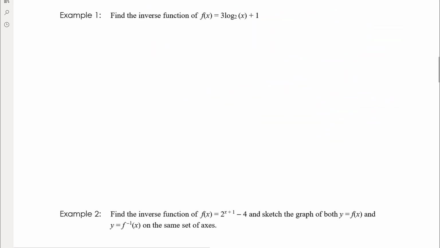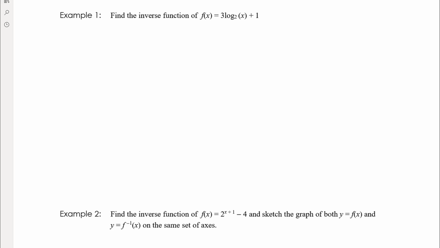Oh, before we draw some graphs, let's also have a think about the fact that they're inverse functions. So example 1 says find the inverse function of f of x equals 3 times log base 2 of x plus 1. So if my original function is a log function with a base of 2, I will expect my inverse function to be an exponential function with a base of 2. Okay, so we've talked about the process here.